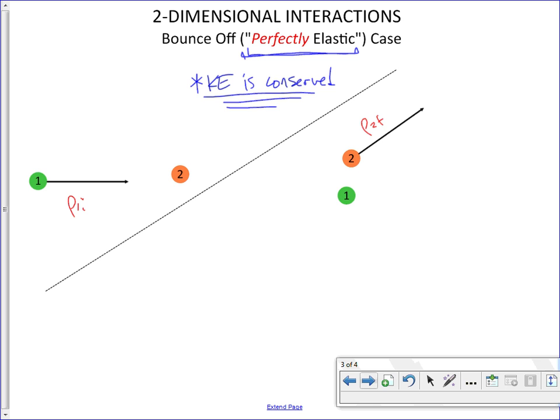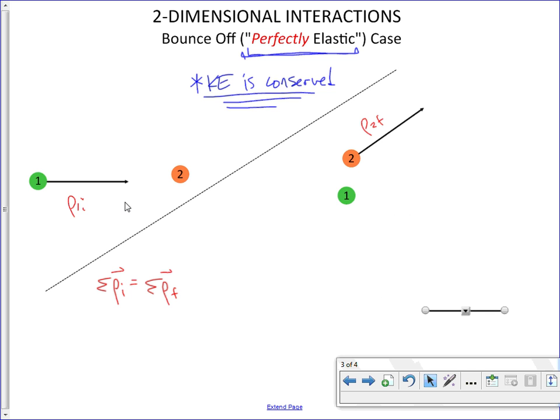All right. Well, one thing is momentum, the vector, has to be conserved. And so that says that if this is the initial momentum, it's got to be the same as the total final momentum.